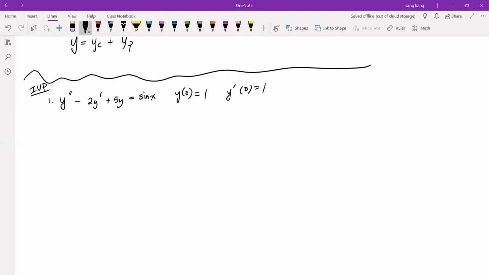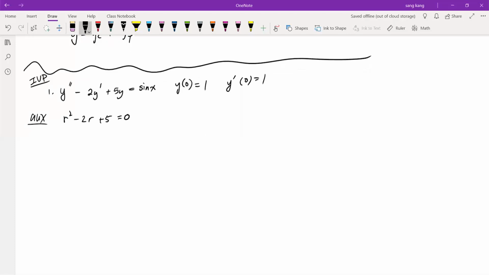Okay, so just like we did before, we're going to solve for our general solution, which means we need to start with our complementary. This one will be r squared minus 2r plus 5 equals 0. Minus b, so 2 plus or minus square root of b squared minus 4ac over 2.